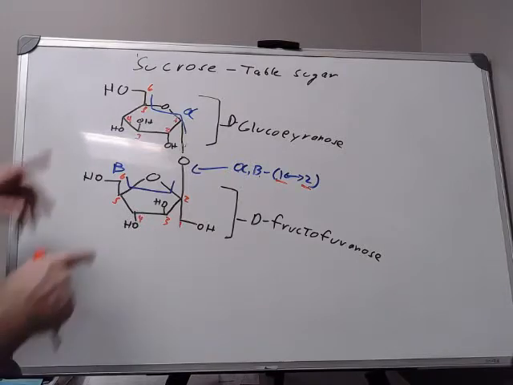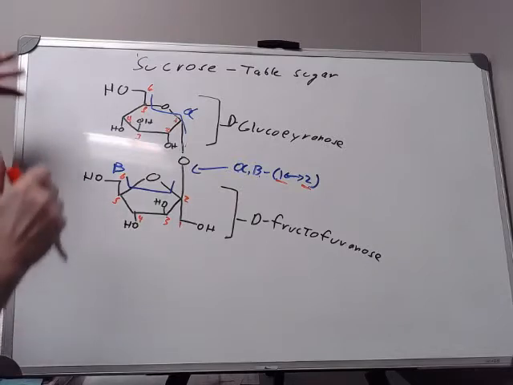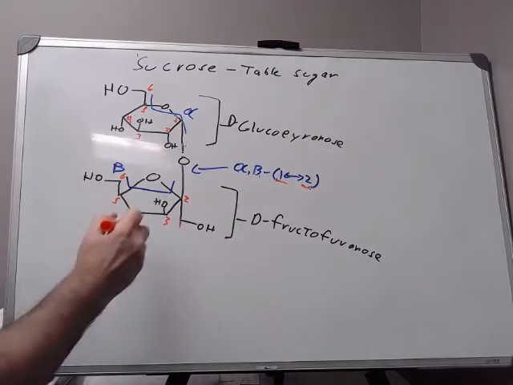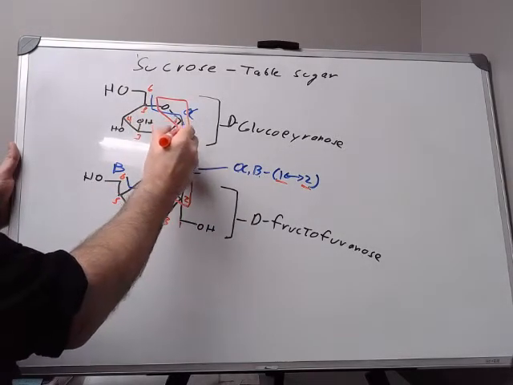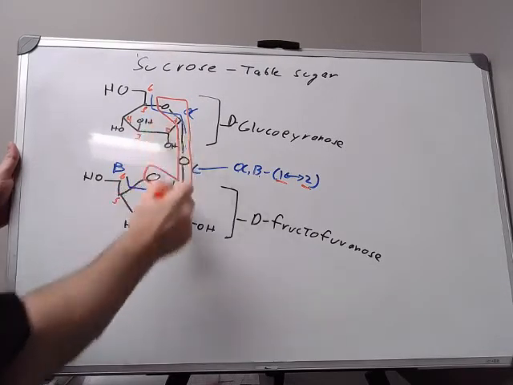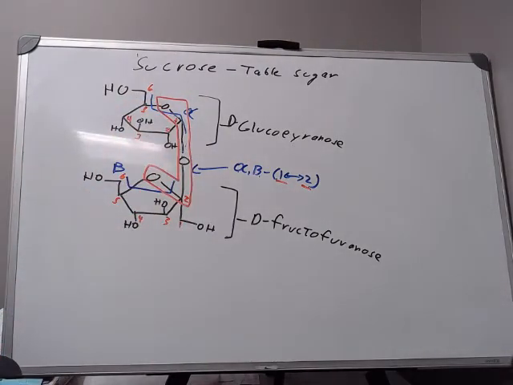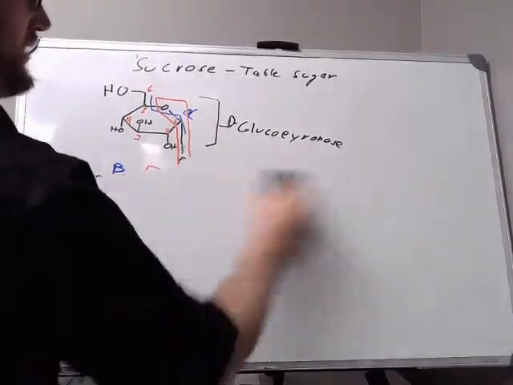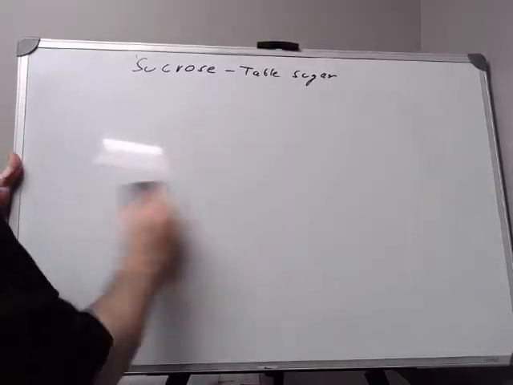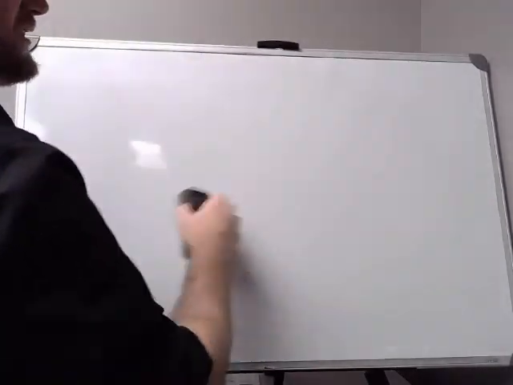And so in this case, neither sugar can mutarotate, and this is not a reducing sugar because we've sort of locked up that reducing end of the sugar in this sort of double acetal structure. So that's all of the disaccharides we'll look at. There are larger oligosaccharides with 3, 4, 5, all the way up to 10 monosaccharides. And I won't draw those structures because they get too complex, I think.